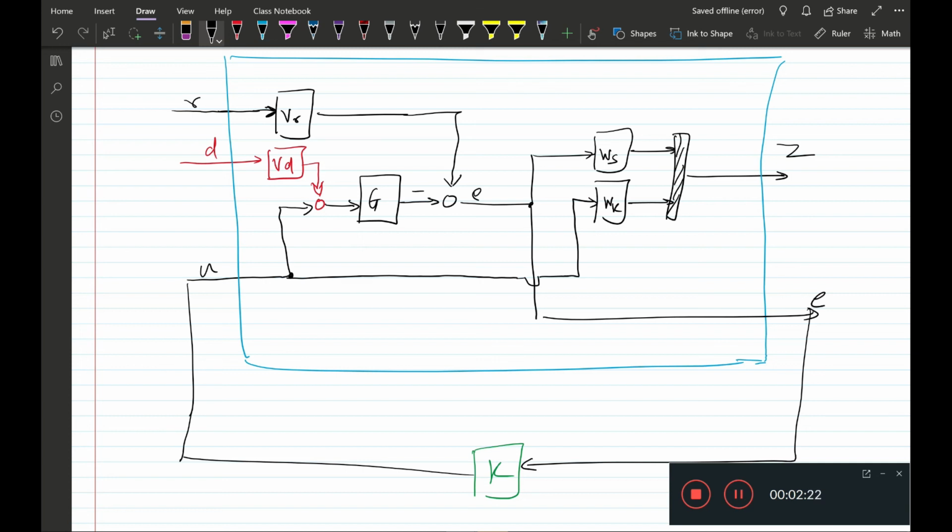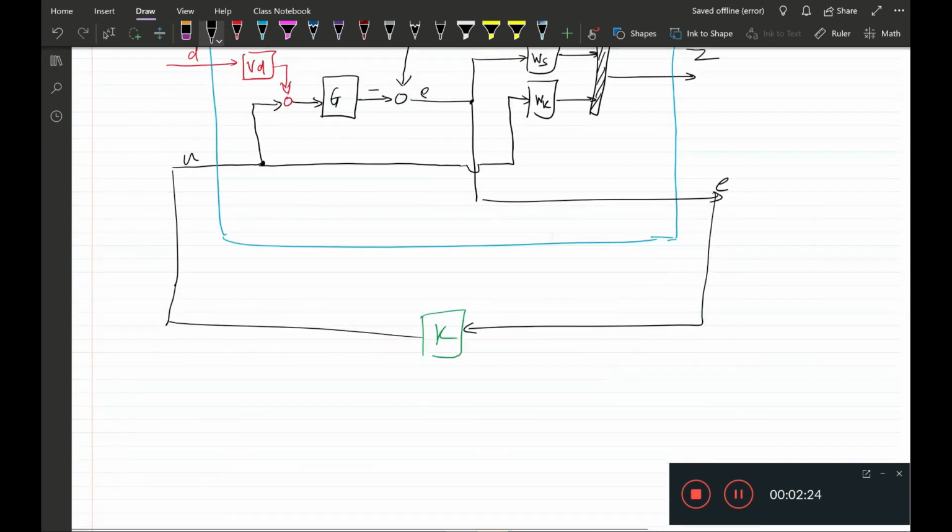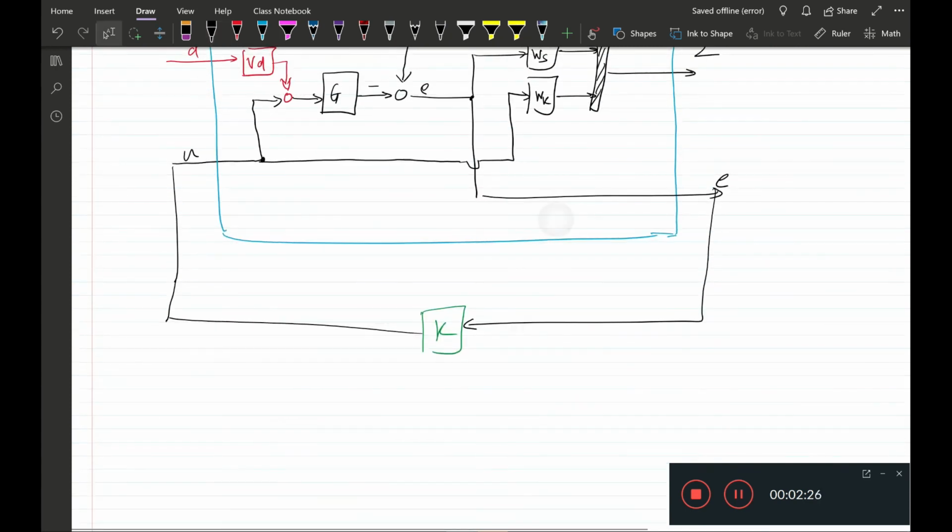So now if someone gives us a controller, the closed loop looks something like this.